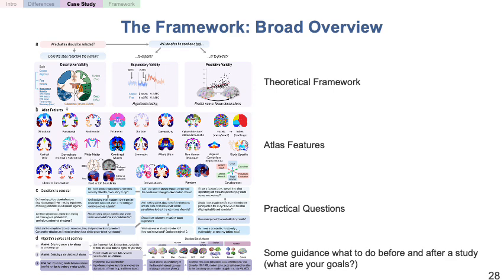If the theoretical framework is too theoretical, which we did get criticisms about during the peer review process, we also have some practical questions to consider when thinking about atlas selection, and may save you some time early on. Finally, the last part of the framework discusses some guidance about what to do before and after your study, specifically relating to what your goals are in using an atlas and what happens when you get conflicting results.